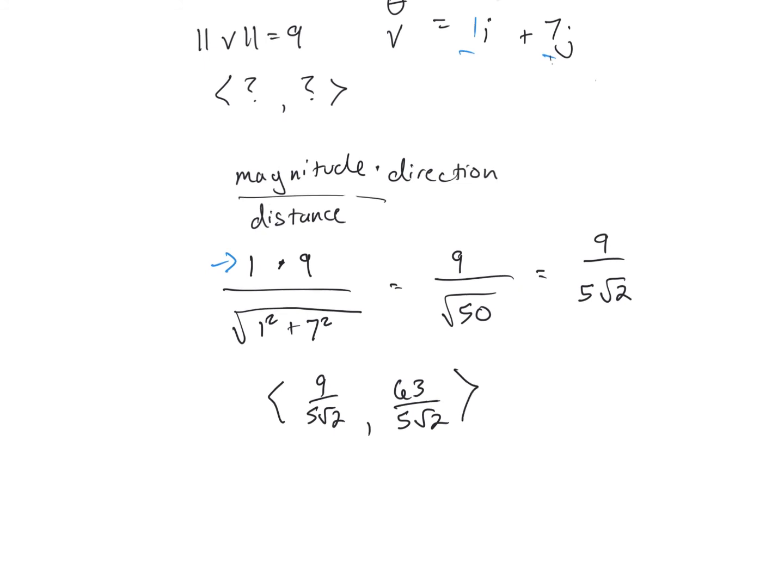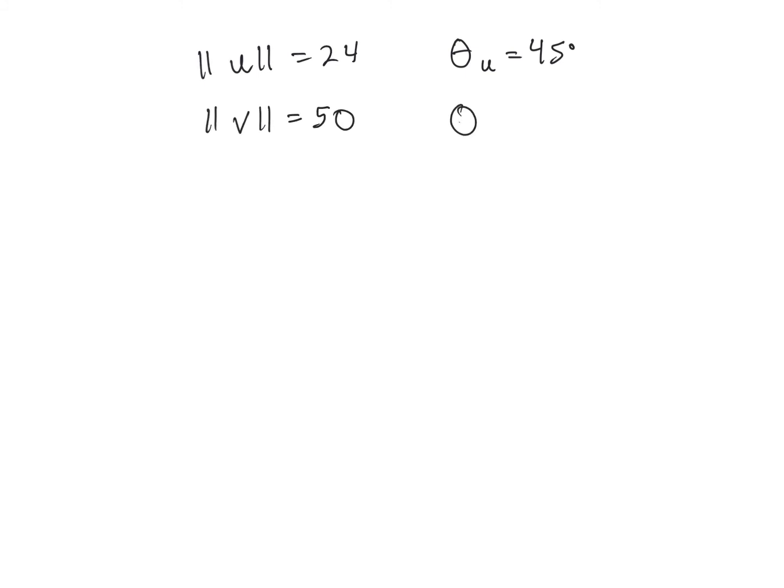Last example here, if we are given 2 vectors. Let's say one vector u has magnitude 24 and the angle of u is 45 degrees. The next vector v has magnitude 50, and the angle of v is 180. Before we start, let's draw it to see what that means.